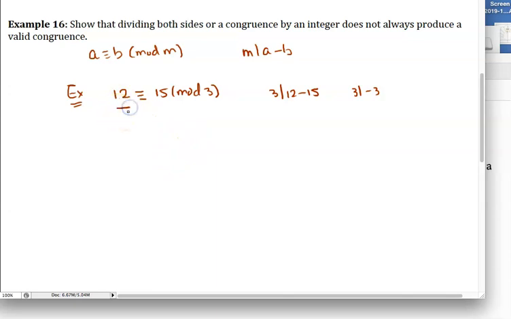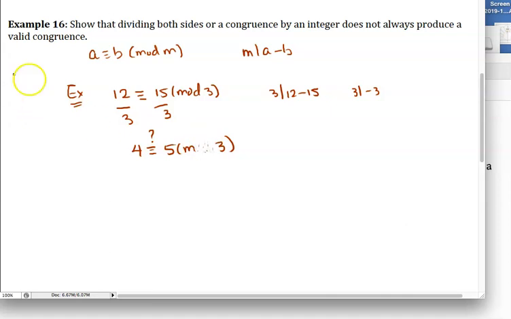Now, if I divide everything by 3, I'm going to get 4 is congruent to 5 mod 3, with a question mark. We don't know if that's true. Basically, we want to check.